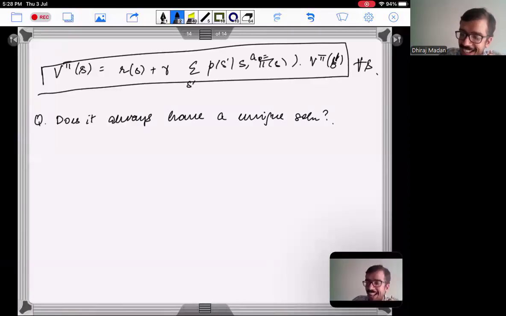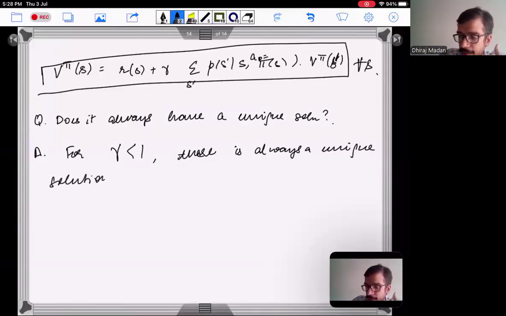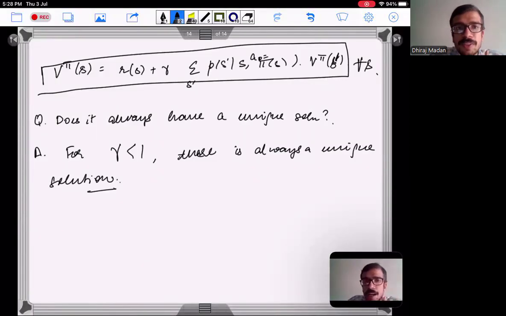Well, the answer is yes: for gamma less than 1, there is always a unique solution. The proof of that will require a little bit of basic real analysis, basic properties of convergence of sequences, so we'll do that in the next lecture.